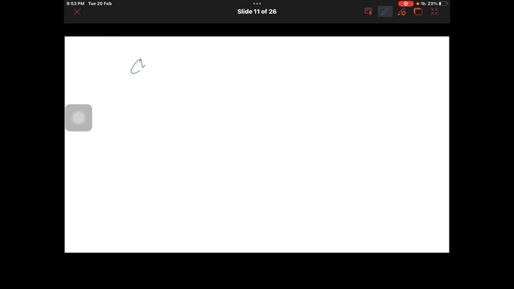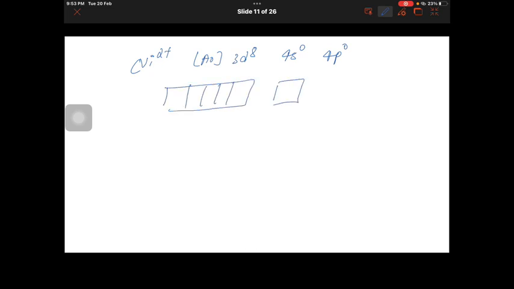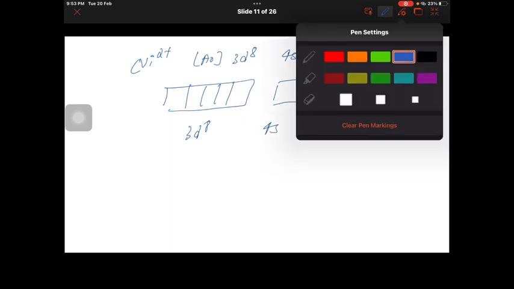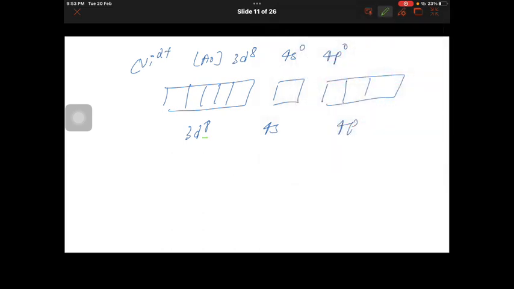Then Ni2+ argon 3d8 4s0, take 4p0 also. So 8 electrons according to Hund's rule: 1, 2, 3, 4, 5, 6, 7, 8.